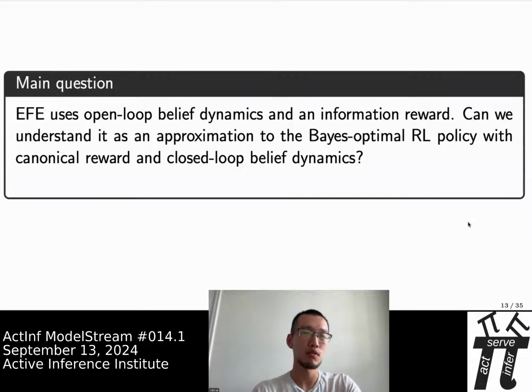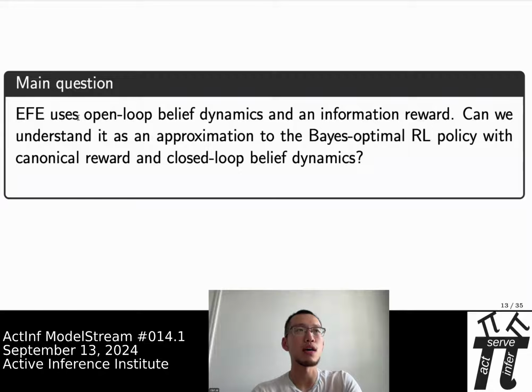With all of these precise characterizations, we can also make our main question more precise. We saw that EFE uses the open loop belief dynamics with an added information reward, whereas the Bayes optimal belief MDP uses the regular linear combination of state action rewards and a closed loop belief dynamics.